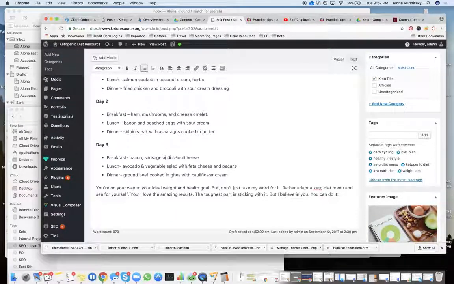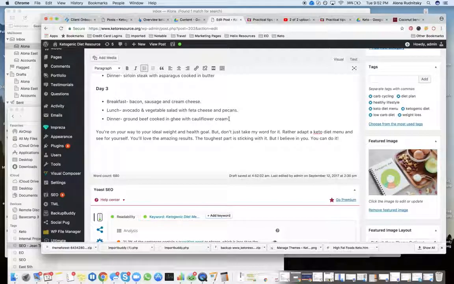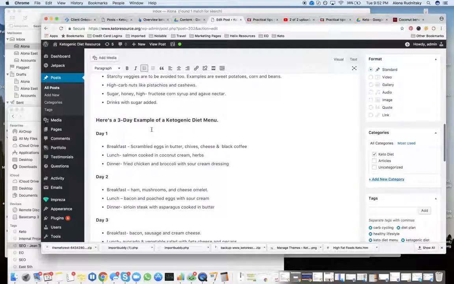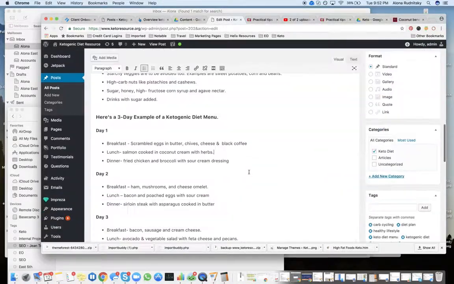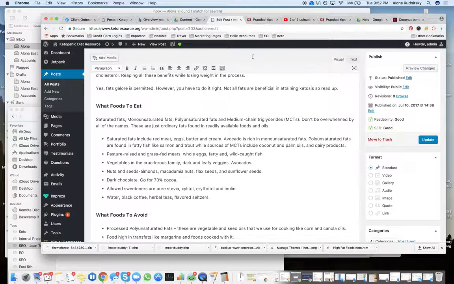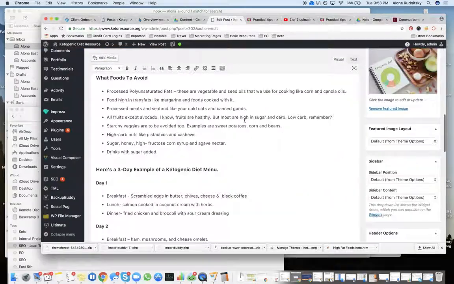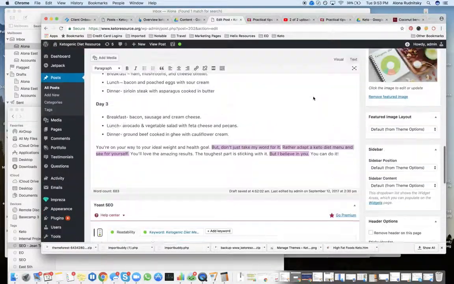Bacon and cream cheese. So let's go back.